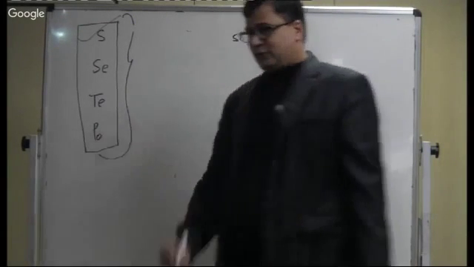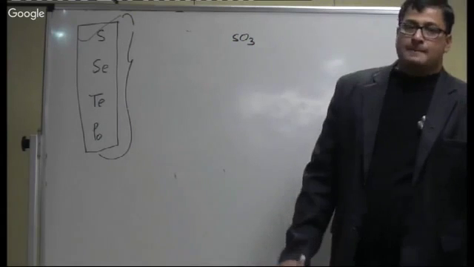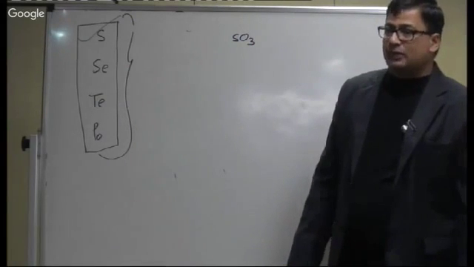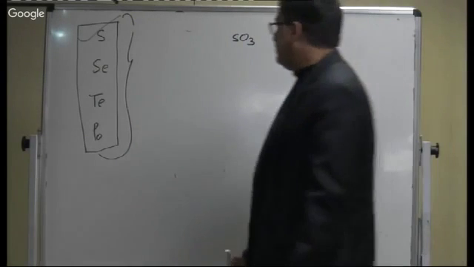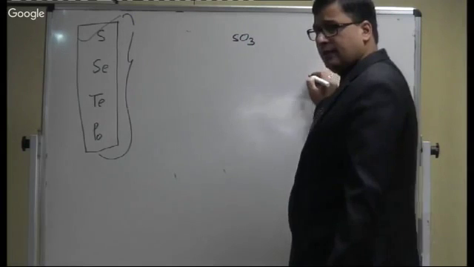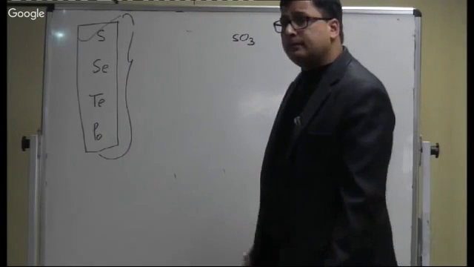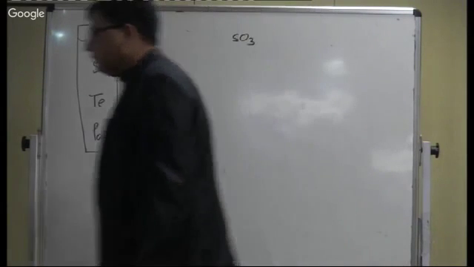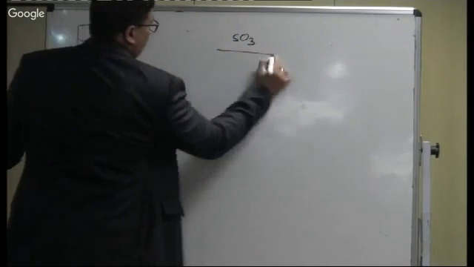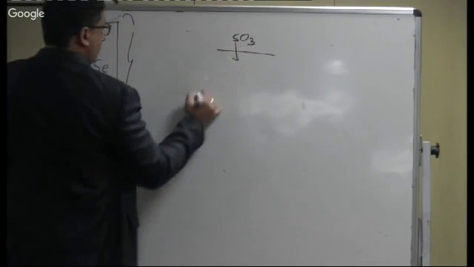What is the hybridization of sulfur in SO3? sp2. How many double bonds? Two नहीं है, तो 3 तो हो गई. See, first write down the valence configuration.